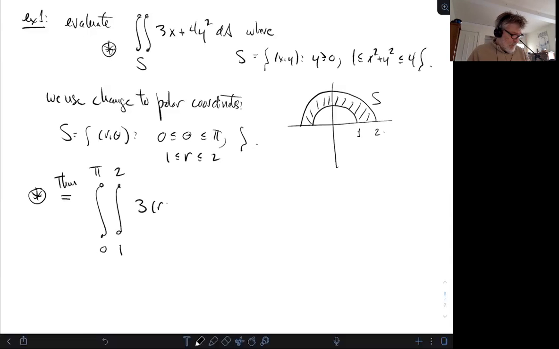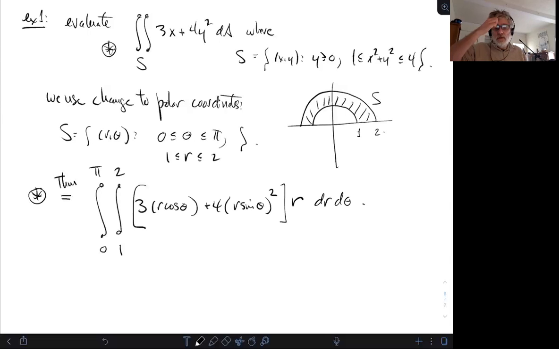So that's 3 times r cos theta plus 4 times r sine theta squared. And now don't forget, you have to multiply the whole thing by r. This is absolutely crucial. If you don't put the r in, you'll get it wrong.